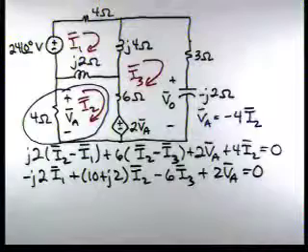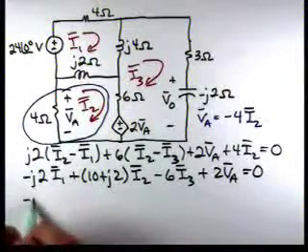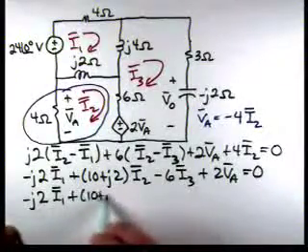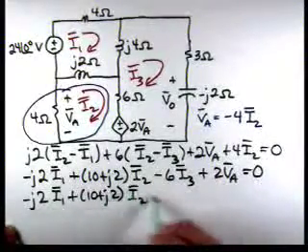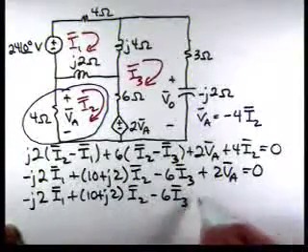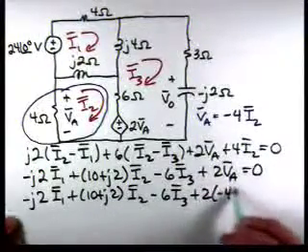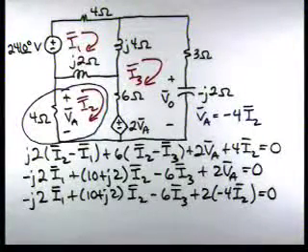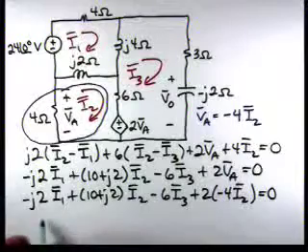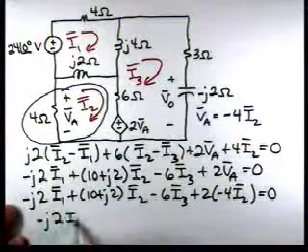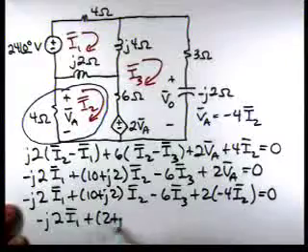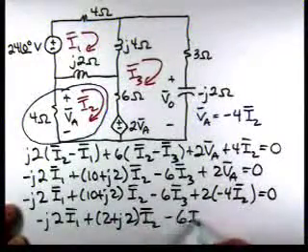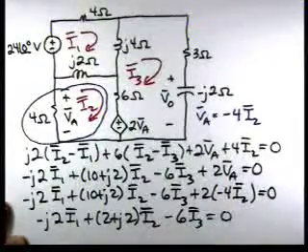If we substitute that in, we'll have (10 plus J2) I2 minus 6 I3 plus 2 times minus 4 I2. Then we get minus J2 I1 plus (2 plus J2) I2 minus 6 I3 equal to 0.